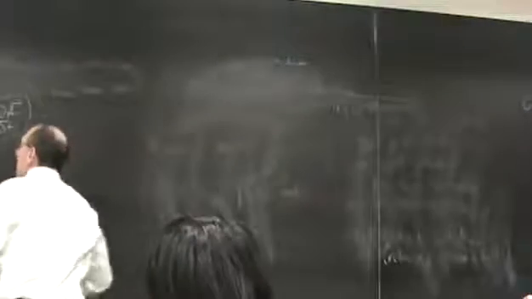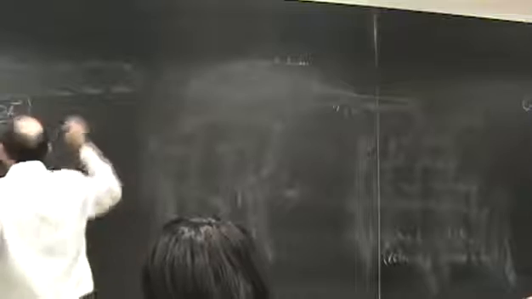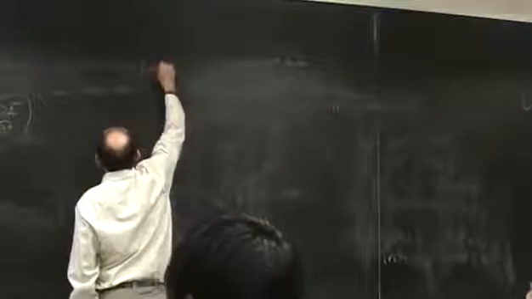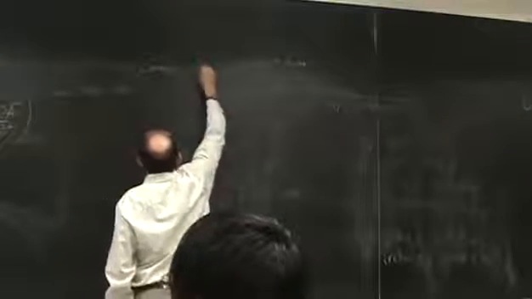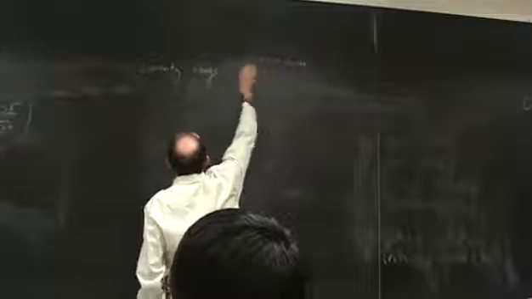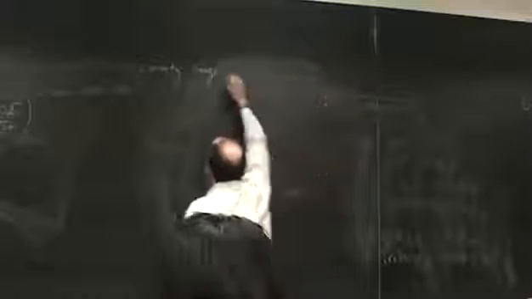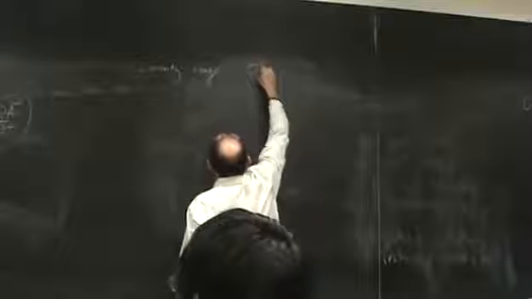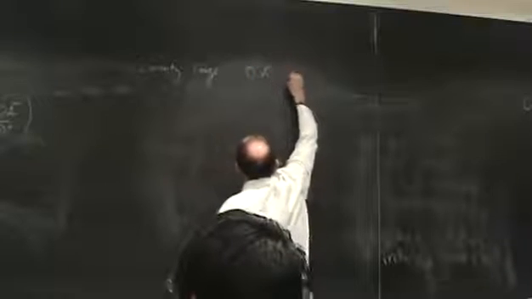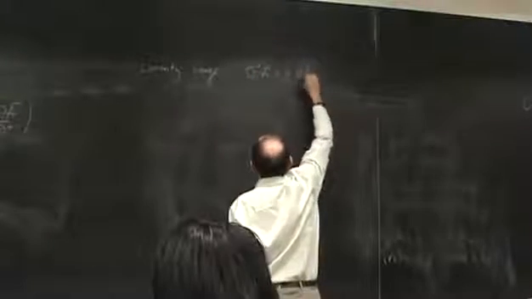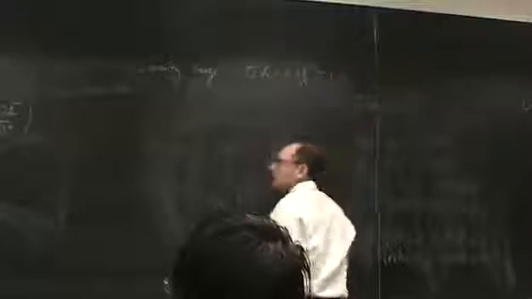So, we choose the Lorentz gauge: del dot A plus 1 over c dphi/dt is equal to 0.